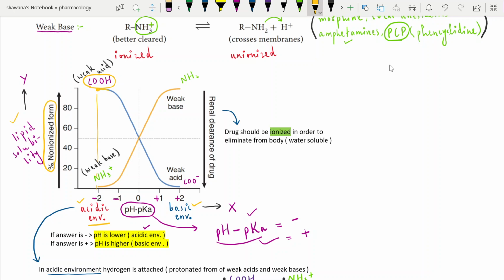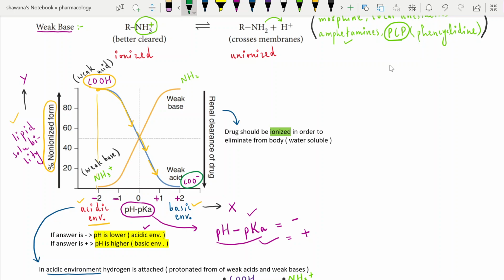Coming lower, when we increase the pH, the environment becomes more basic, and the weak acid which was previously present in the COOH form is converted into the COO negative form, and it is more water soluble.